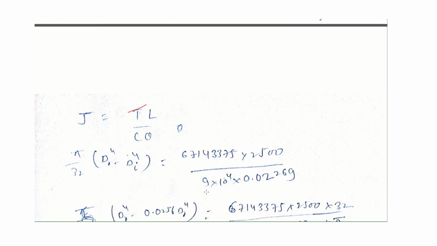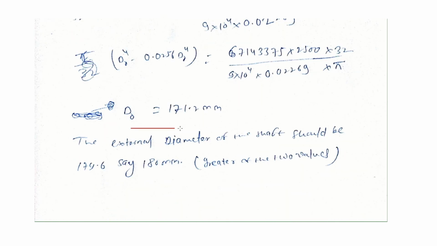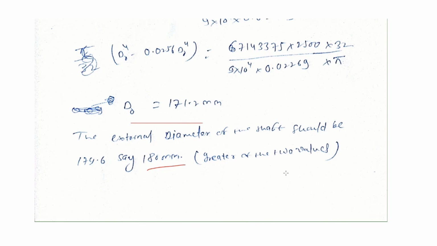So we put in all the values, and we get D outer, the external diameter, as 171.2. Now we take the maximum of the two values, 179.6, so 180 mm. Why are we using the greater? Because if we use the smaller one, the shear stress exceeds the maximum limit.